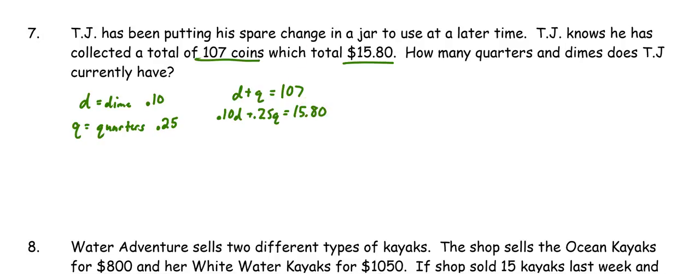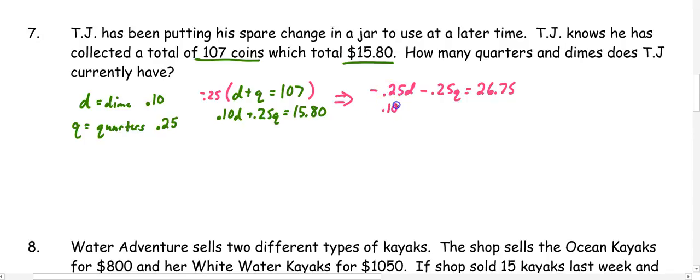So right now nothing eliminates, so I need to multiply one of my equations. So I'm going to eliminate the Q. So I'm going to multiply by negative 0.25 to everything. So we get negative 0.25D minus 0.25Q equals, and then just use your calculator, 107 times 0.25 gets us 26.75, and rewrite the second equation.